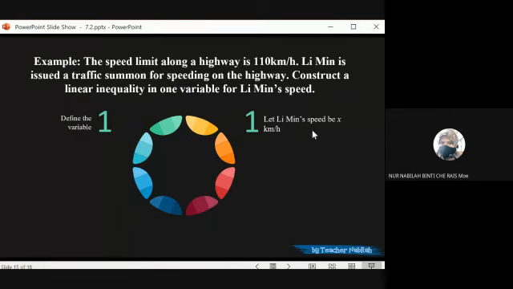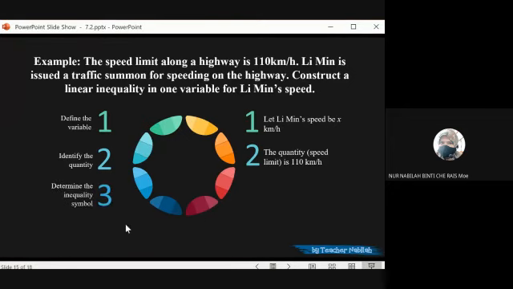We do not know what the limit speed is, so we just define the variable that is x kilometer per hour. And then the second, identify the quantity. Okay, we identify the quantity. For this case, the speed limit is 110 kilometer per hour. Okay, this is the quantity.